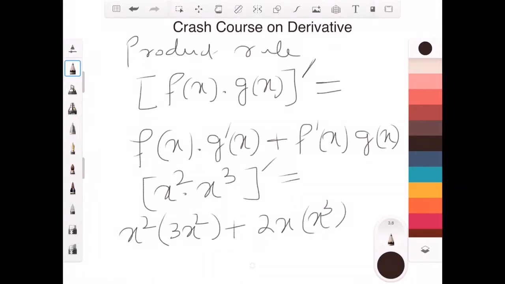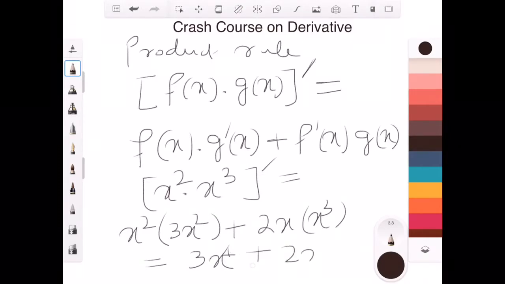This can then be written as 3x to the power 4 plus 2x to the power 4, and this is nothing but 5 times x to the power 4.